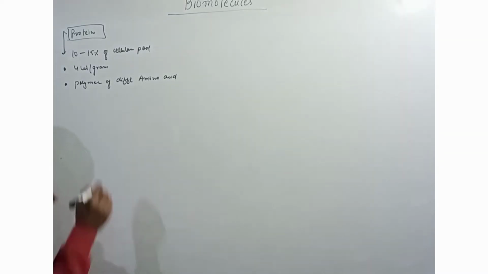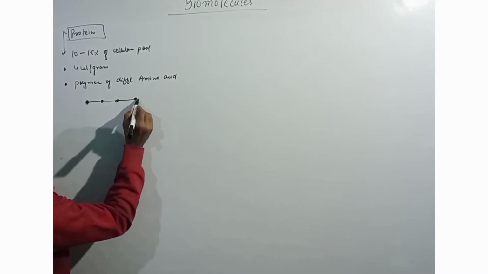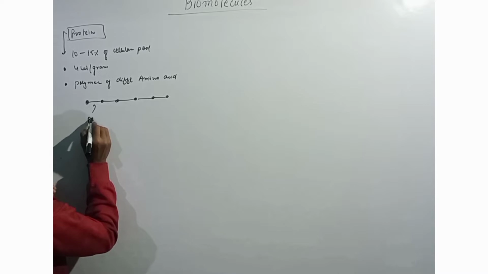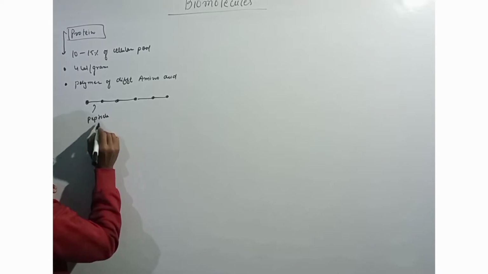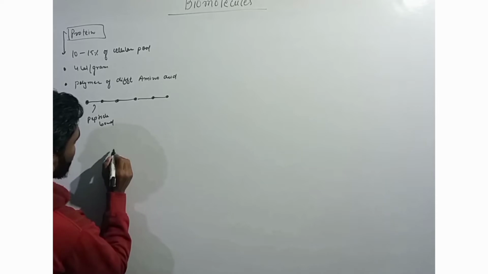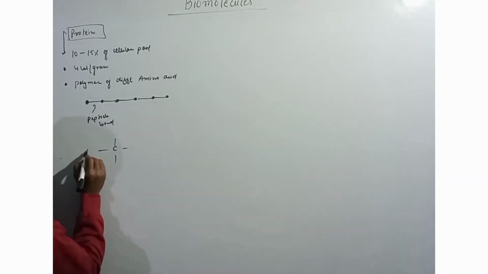Okay, let's see. They are joined by peptide bond. That is peptide bond. Now let's see how the peptide bond is formed. For example, as we all know, let's see the amino acid.